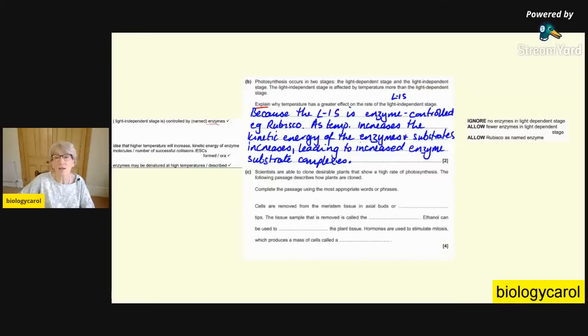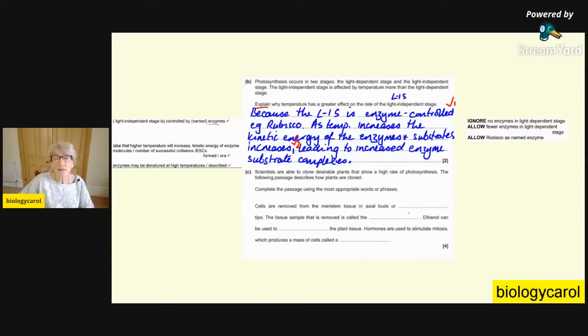I got this mark here. And that's higher temperature will increase the kinetic energy or increase the number of enzyme substrate complexes. I could have even gone on to say about the enzyme denaturation, but to be quite frank, I completely ran out of space. So I think I would have stopped if this had been me in the exam. Probably worth noting though, that my writing here is relatively way bigger than it would be on an actual exam paper. I may well have gone on, on an actual exam paper, to say, and when the temperature goes above the optimum, enzymes are denatured.